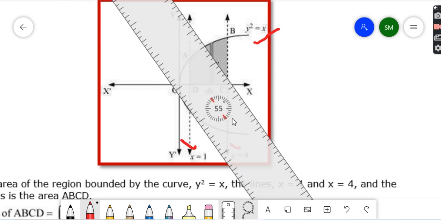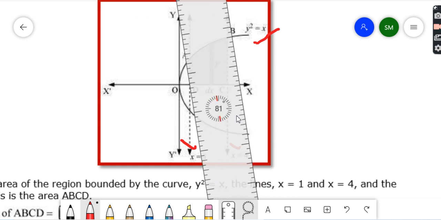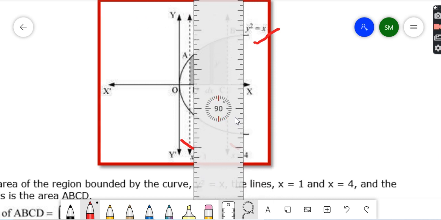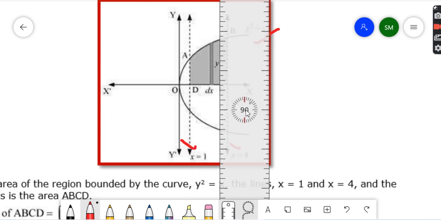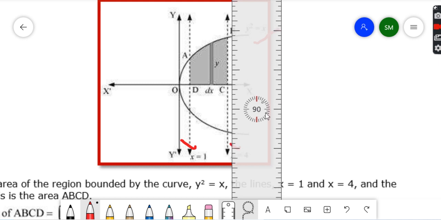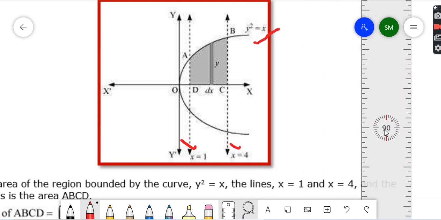All right. If you want to see very clearly, then I'm showing you. You can see this is x equal to 1 line and this is x equal to 4 line. Now we have to find out area between these two curves, means this shaded part. Now if you want to find out area under this curve, then formula is very simple.